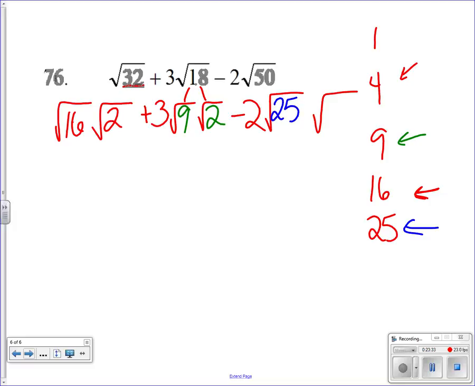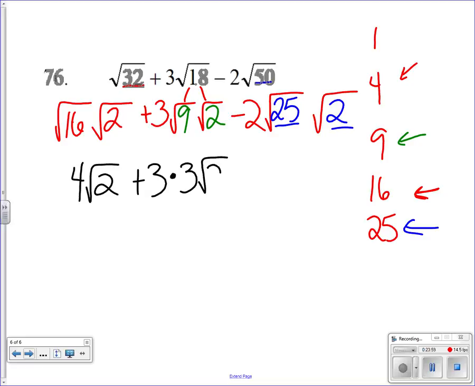So at this point, we're going to go ahead and actually apply our square roots to those goods. So the square root of 16 just comes out to 4, and we're going to carry down our garbage. So plus 3, again, not changing that 3. Square root of 9 is just 3. Rewrite the garbage. Minus 2, not changing that negative 2 either. Square root of 25, that good is 5.